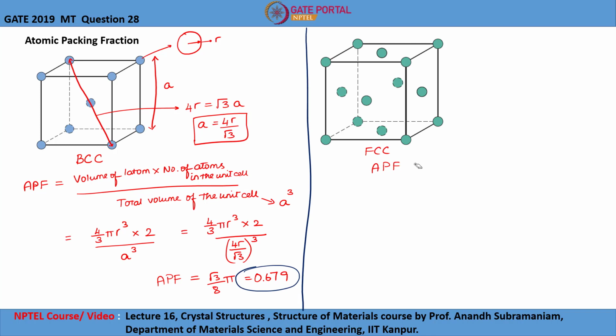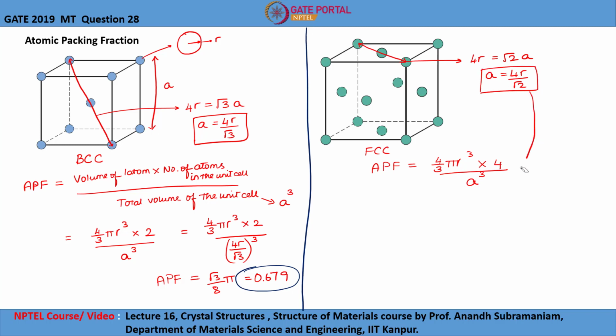Let us now find the atomic packing fraction for FCC structure, which is equal to volume of an atom, that is 4 by 3 pi r cube, into the number of atoms in the unit cell, and in case of FCC the number of atoms per unit cell will be 4, divided by the total volume of unit cell, that is a cube. As we know, the atoms will be touching each other along the face diagonal in FCC, which gives 4 times the radius equal to root 2 times a. So a will be equal to 4r by root 2.